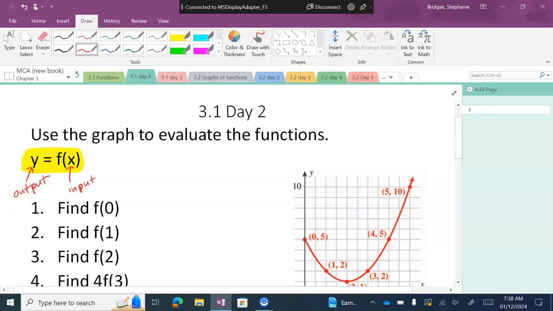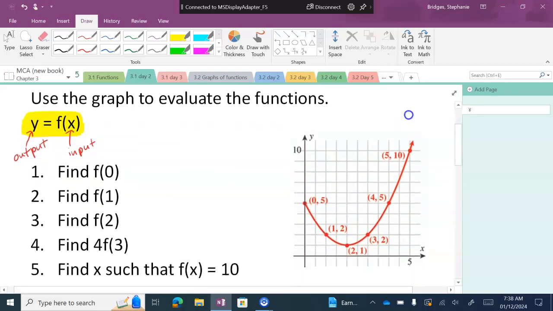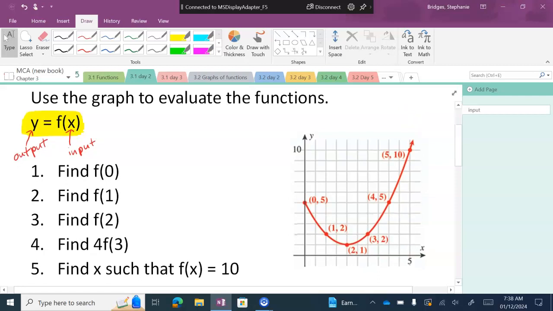And so the first few is just giving us find the value of this function when x equals 0, and we're basically just going to look at the graph. You don't have to copy that graph down. So if I'm looking at my graph, if I'm finding number 1, f of 0, that means I want to find the ordered pair where my x value is 0, and the answer to that is going to be whatever the y value is.